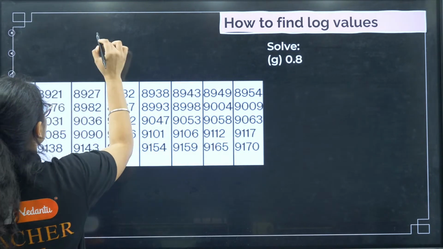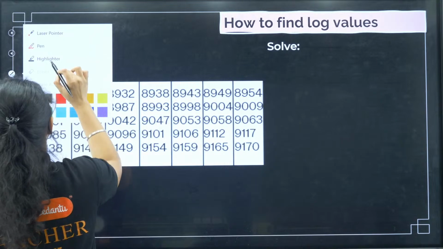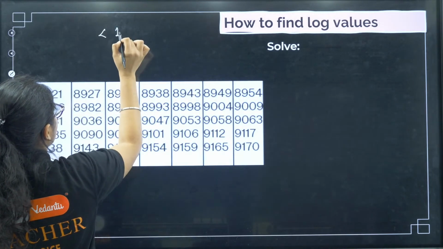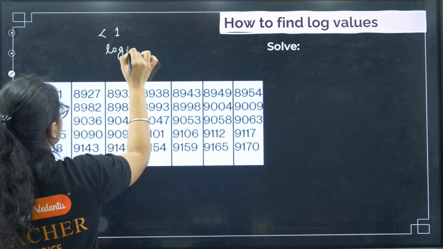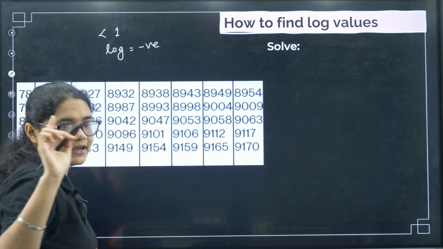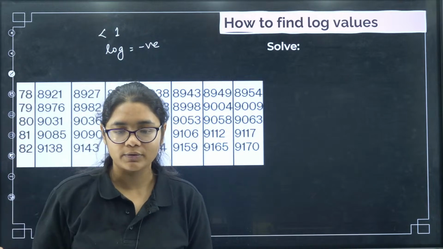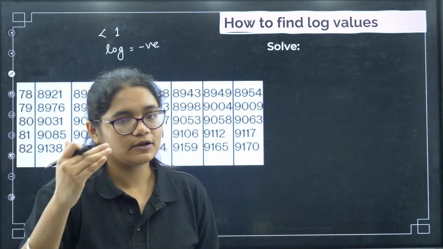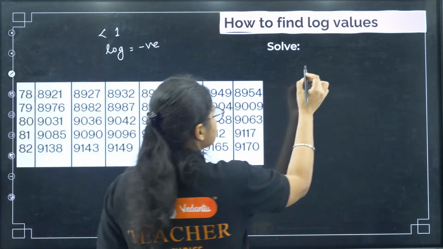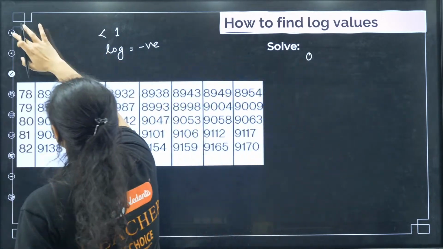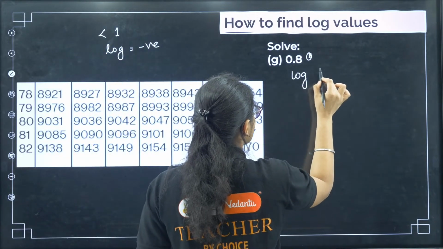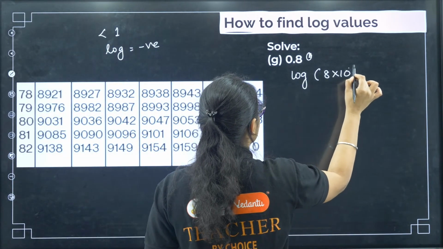Okay, there are some rules that you should know. First of all, if a number is less than 1, then the log value will be negative for that number. Remember, if any number whose log value you want to calculate is less than 1, then the log value will be negative. For 0.8, I can write log 0.8 as log of 8 into 10 to the power of minus 1.